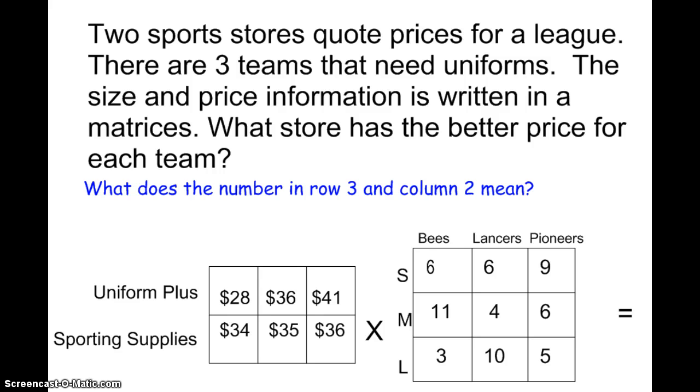There are 3 teams in 8 uniforms. The size and price information is written in matrices. What store has a better price for each team? What does the number in row 3, column 2 mean? Now the last 2 sentences are different than what's on your notes, so you make sure you answer what's on the screen and not on your note page.